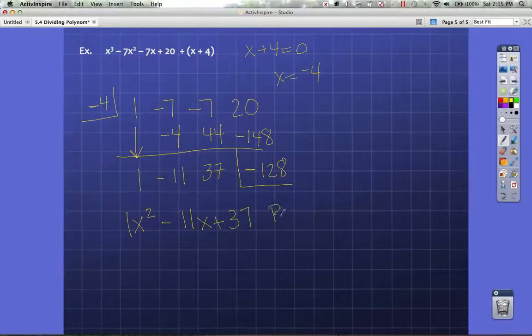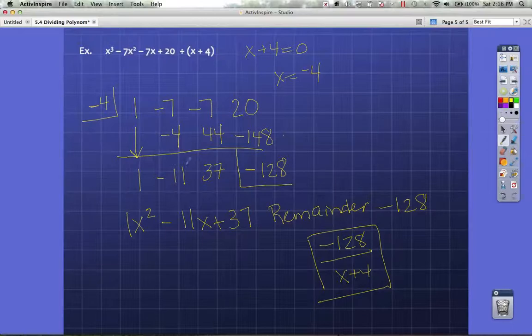And then it has a remainder of -128. Sometimes you'll see this as -128 over x plus 4, okay? So all this plus this. So this is your remainder.